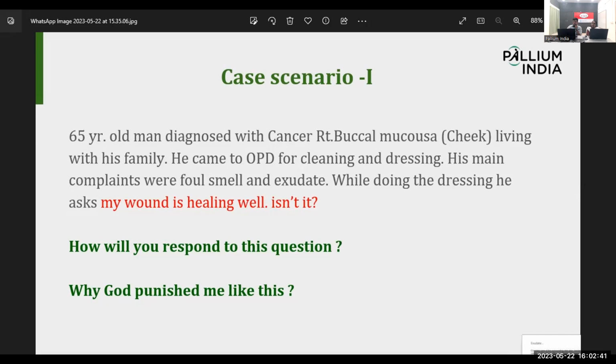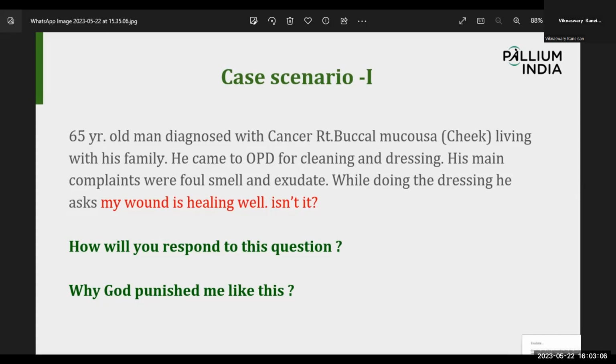If you suggest these kind of things, they will definitely follow your instructions because they need to cure that wound, heal that wound totally. But we all health professionals, we all nurses, we know this wound is not going to heal at all. Yes.